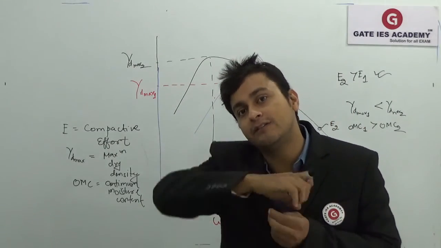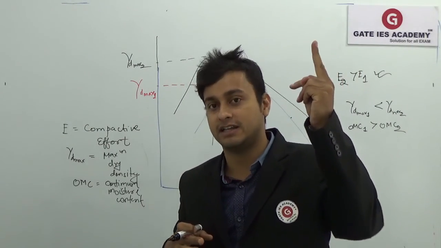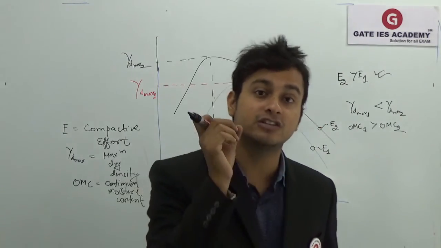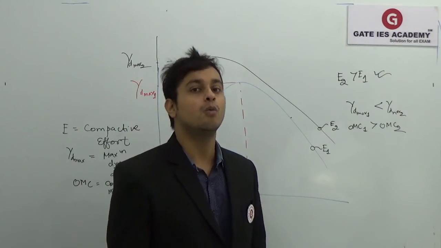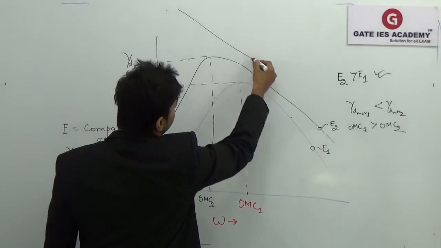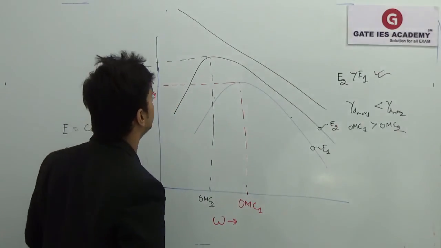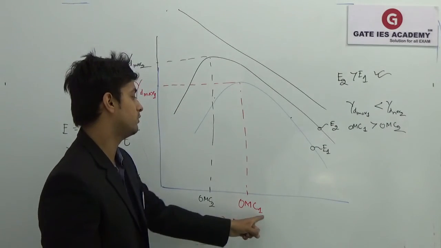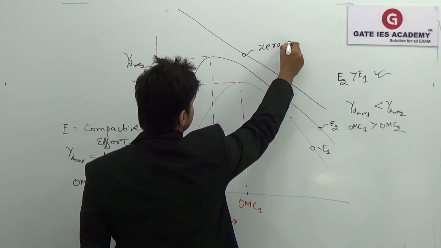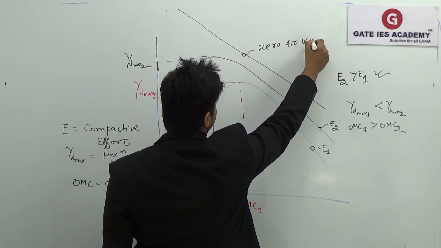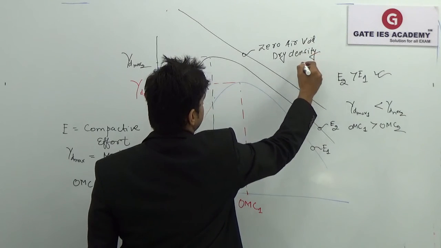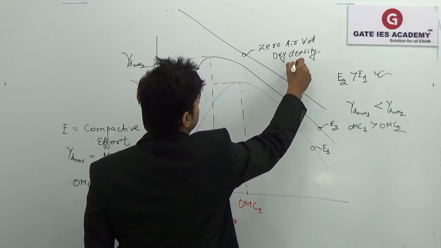At that water content, two things will happen simultaneously: your water content will be very optimum for the system, and all the air voids are removed. So we will have a theoretical dry density graph corresponding to the water content itself. This is called the zero air void dry density line or curve.